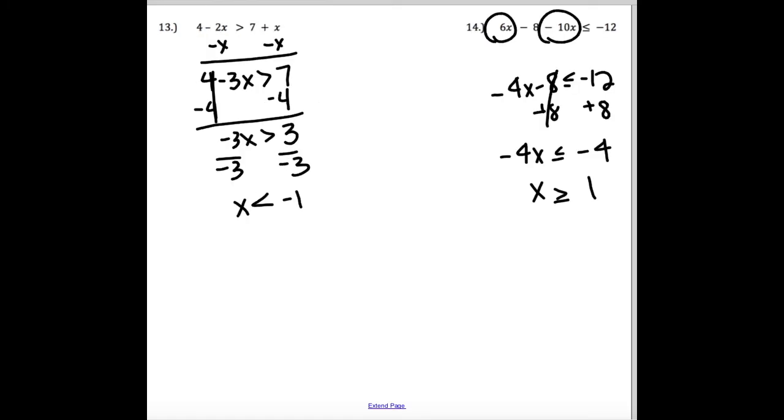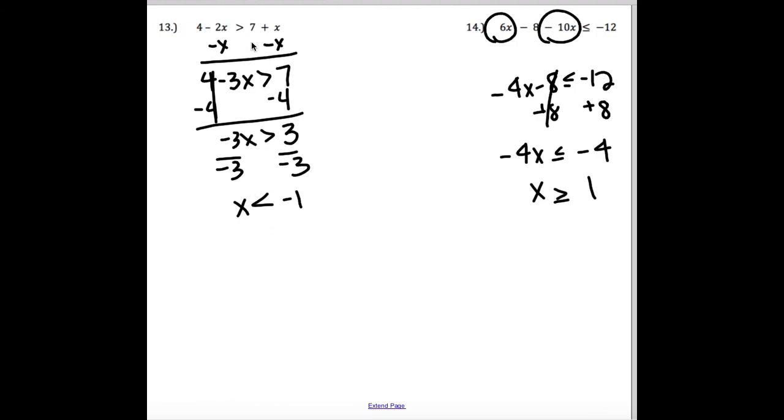And the last two examples here, on example 13, you are subtracting the same. I chose to subtract x first from both sides. Continuing through, and the very last step, I had to divide by a negative, so I had to flip this sign.